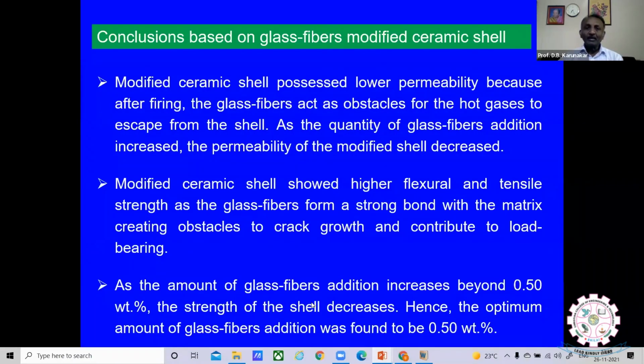As the glass fiber addition increases beyond 0.5%, the strength of the shell decreases. Hence, the optimum amount of glass fiber addition should be 0.5%. So this is our conclusion.